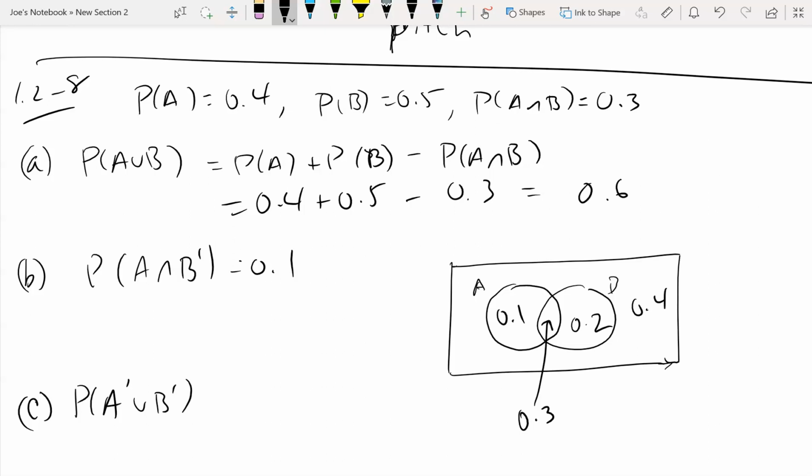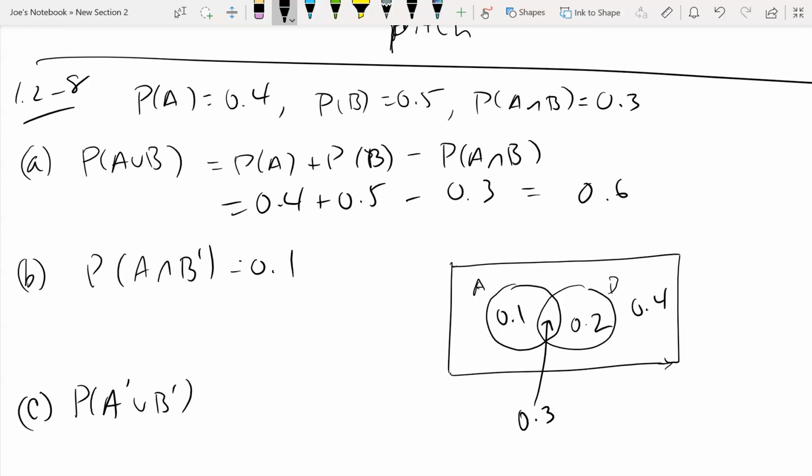Thinking about the picture, what's missed? What's not in that set? The intersection is not in that set, right? It's everything outside of A put together with everything outside of B. The stuff in both of them never gets put in there, right?